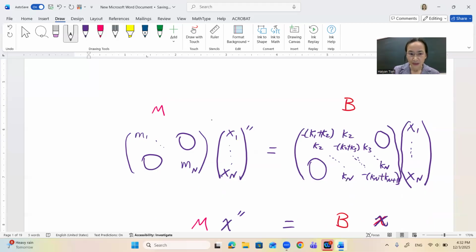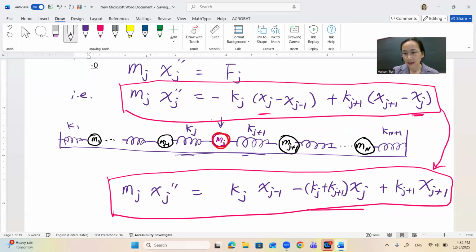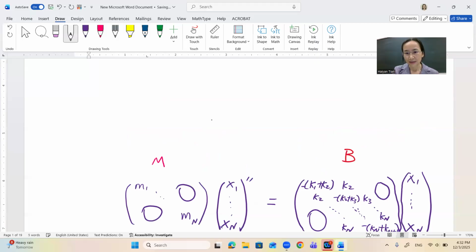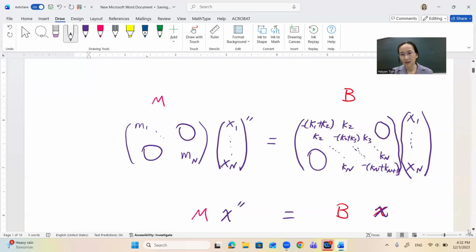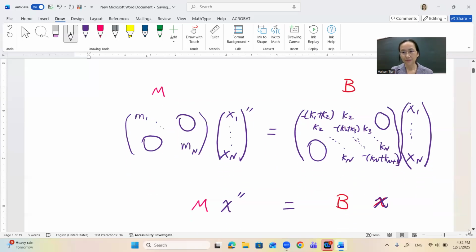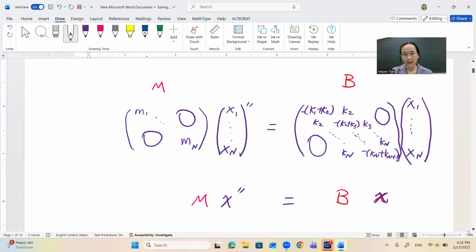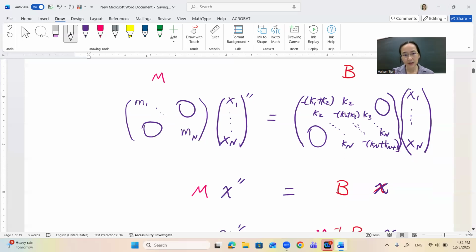So this matrix with the diagonal entries being the mass of each object.